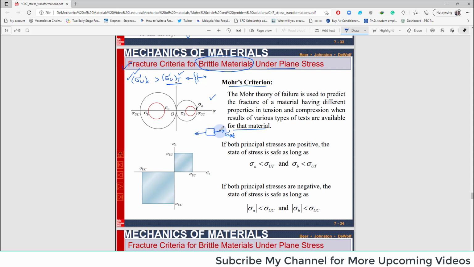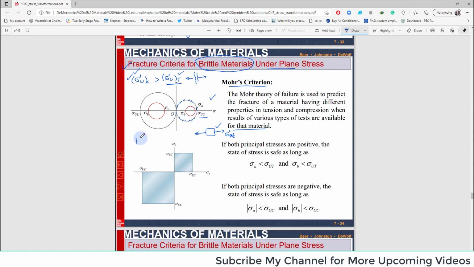You will have a Mohr circle like this one. You can see sigma A should be equal to sigma ut for breakage. Clear? So this is the Mohr circle for the tensile test specimen.